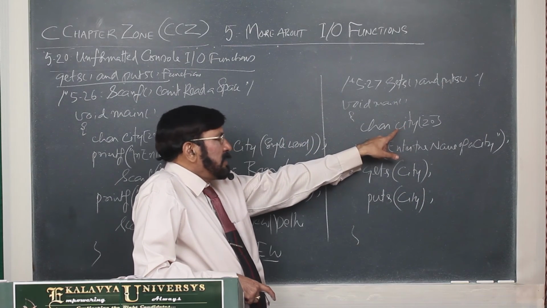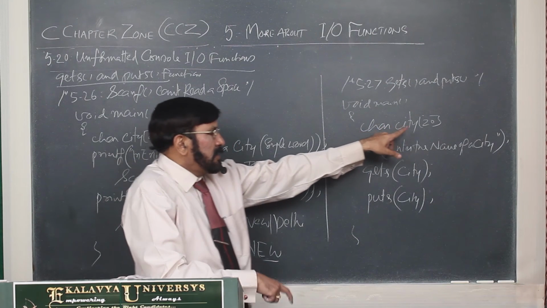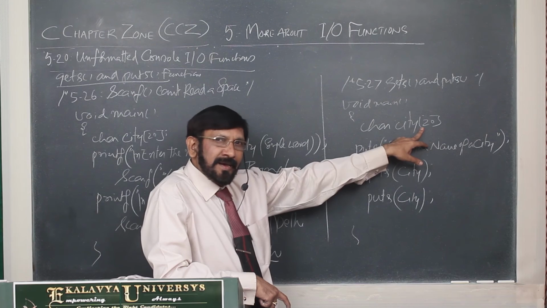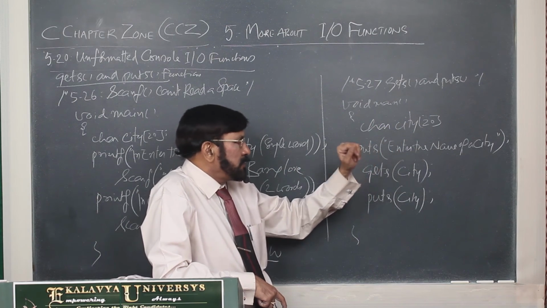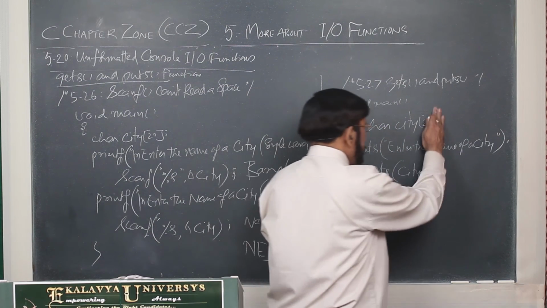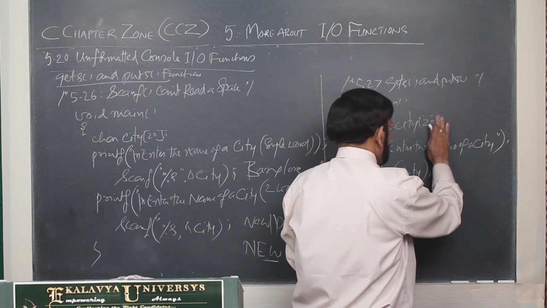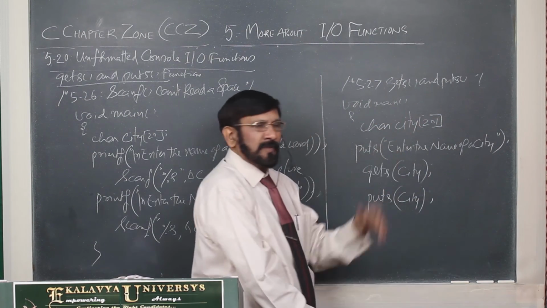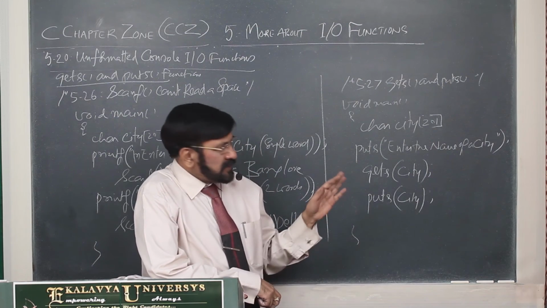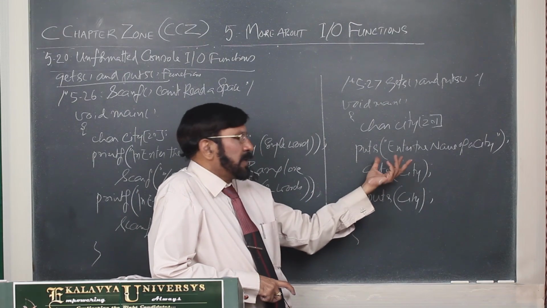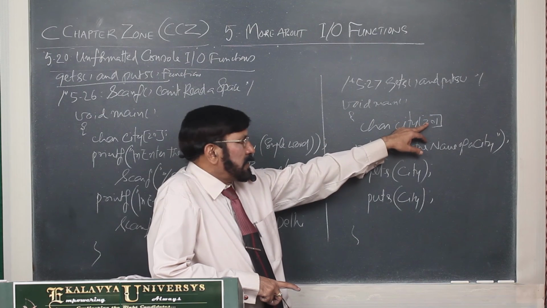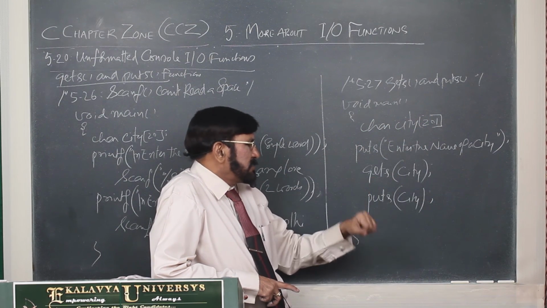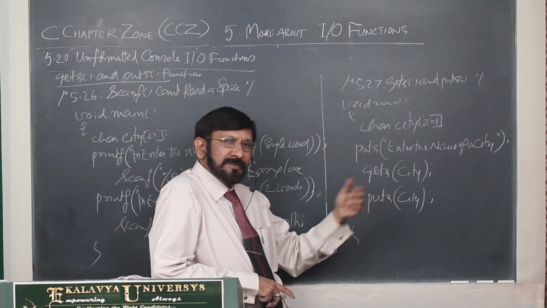But here you must remember how many characters maximum you can enter: 19 characters, because I already explained to you. Suppose you want bigger text, you want to enter 200 characters maximum, you make it 201, no limitation on this. Then you can enter a text of 200 characters including blank spaces using gets, and puts prints the same.